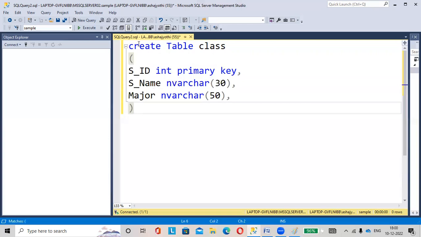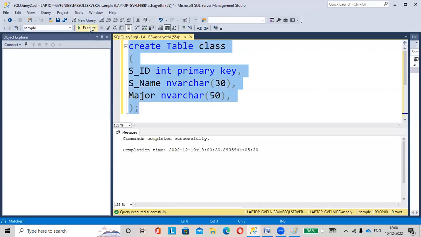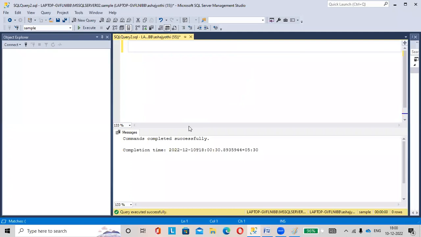Then close this. Control A. Command completed successfully. One new table by the name class is created.